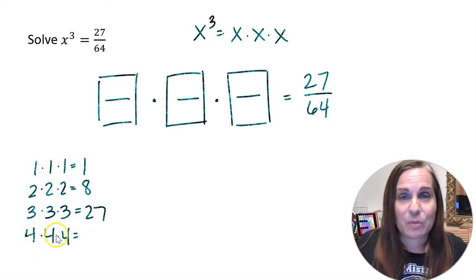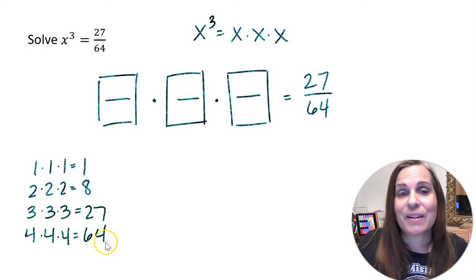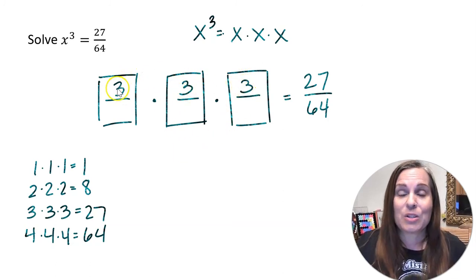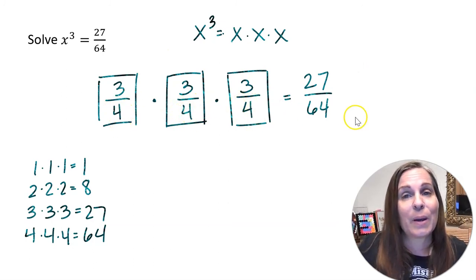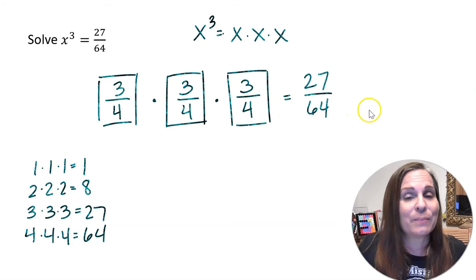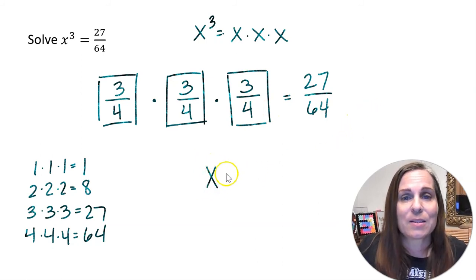Well, 4 times 4 is 16, times 4, 64. I think we found our numbers. So we know that the numerator is 3 because 3 to the third power is 27, and the denominator is 4 because 4 to the third power is 64. So x would equal 3/4.